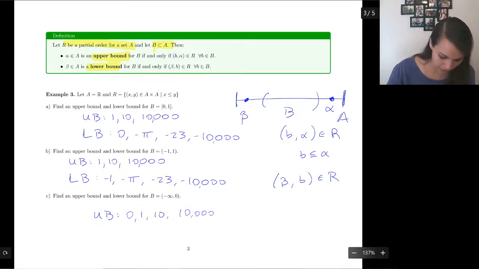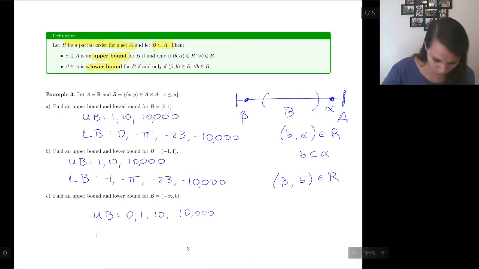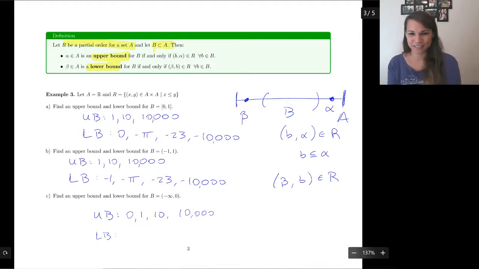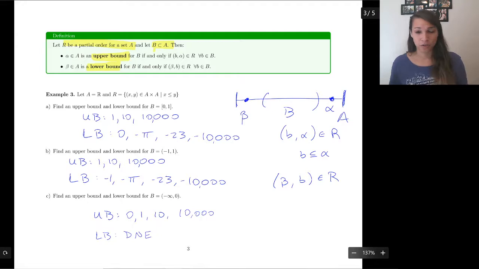And so does 0. I'm going to throw it in there. And then lower bounds, there's nothing less than negative infinity, so a lower bound actually does not exist. So that's really important to notice. You're not guaranteed the existence of upper bounds and lower bounds.